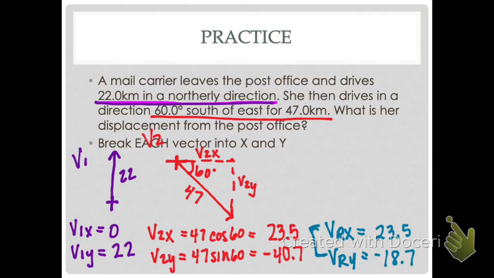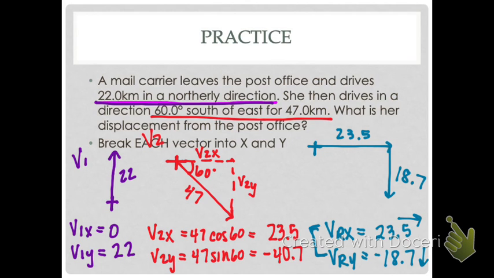So these are the sides of our resultant triangle. I'm going to come up here and start my origin. It doesn't matter if I go east first or south first. The x component is positive, which means it's going to go east. The y component is negative, so it would go south. I'm going to go ahead and go east first, 23.5, and then I'm going to go south, 18.7.